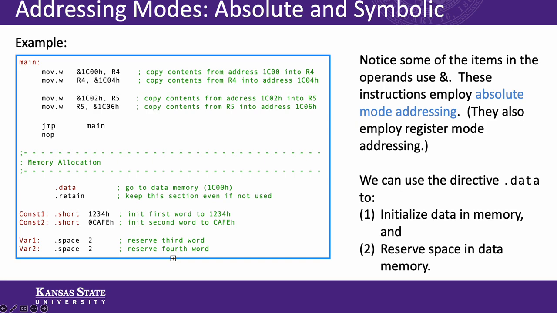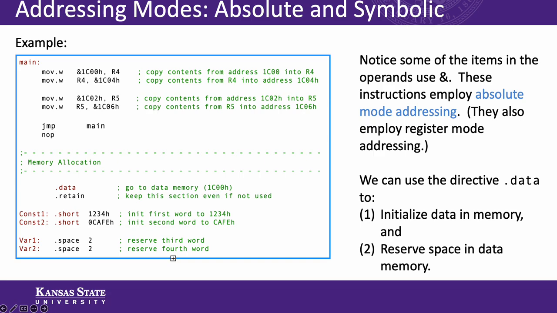Absolute mode addressing uses that ampersand. Notice also that these instructions are employing register mode addressing as well, like the destination in that first move instruction, that's in a register R4, so that's using register addressing.